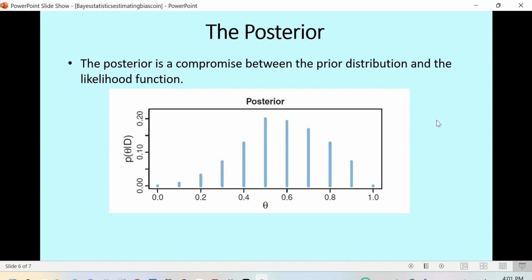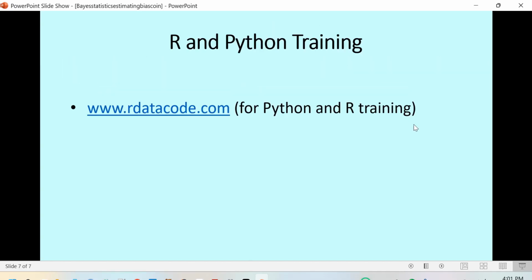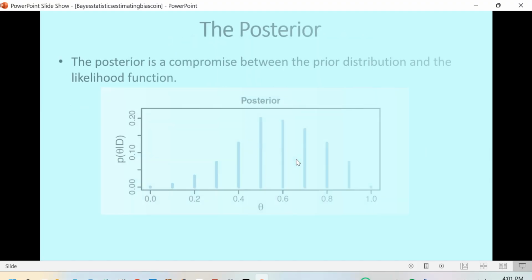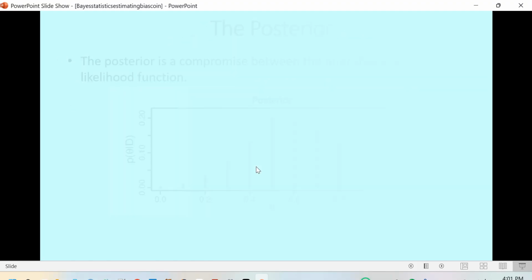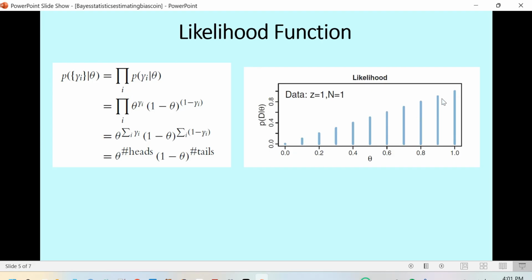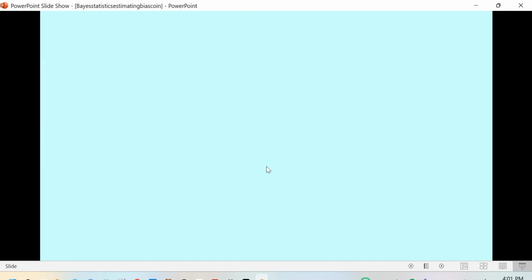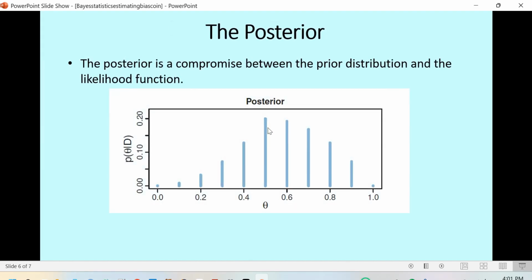So it is not so extreme like this likelihood, which is just like a straight line. Combined with the prior information, the posterior is not like the likelihood, but is a between case, between prior and likelihood, right?